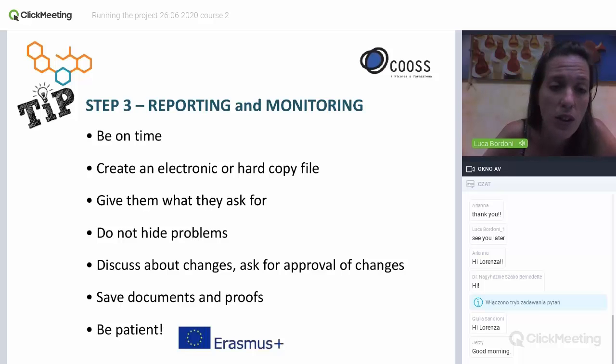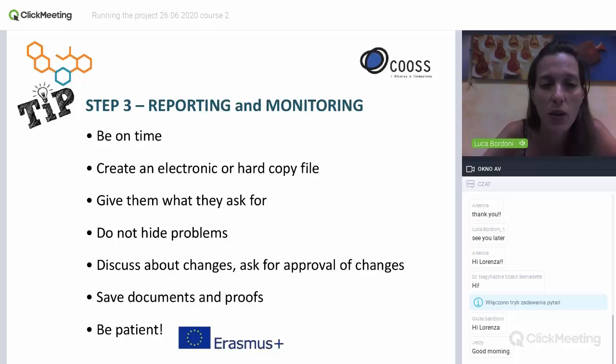A suggestion is an electronic or hard copy file to be filled in with all activities realized in order to have a clear idea about realization and about deadlines. Give the authority what they ask for. Also, if we already gave this information, if they ask again, then again. If something is not clear, ask them what they want and all the information.